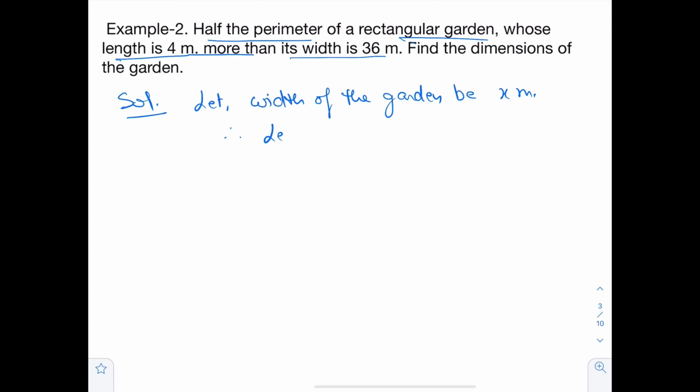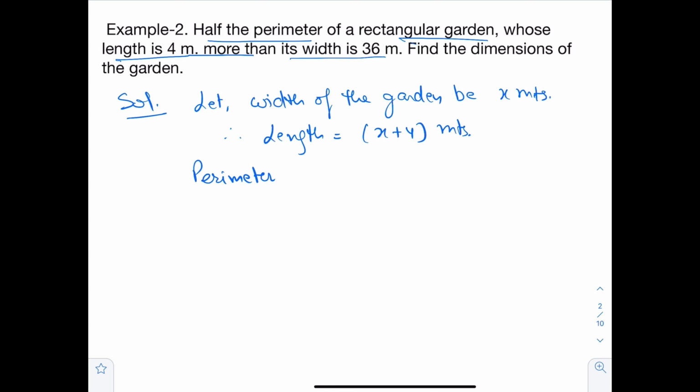Therefore, length equal to x plus 4 meters and perimeter equal to 2 times L plus B. So 2 times x plus 4 equal to 2 into 2x plus 4 meters.